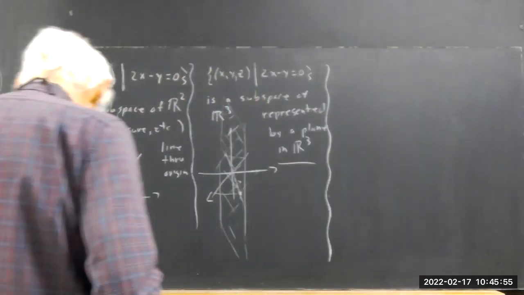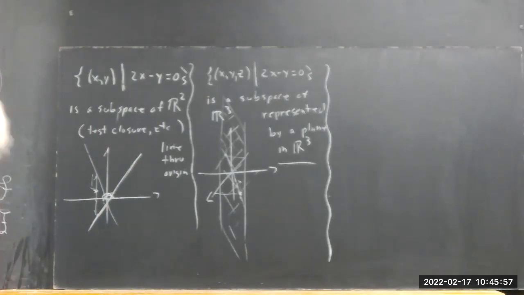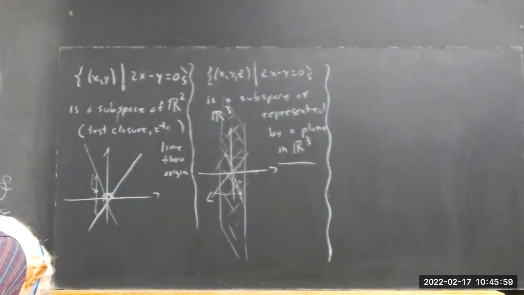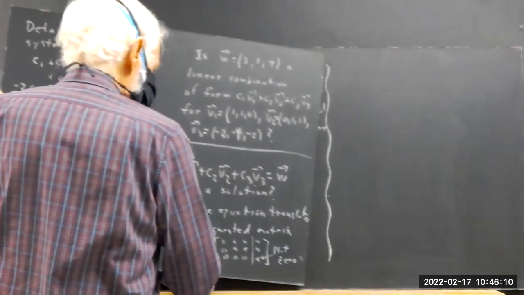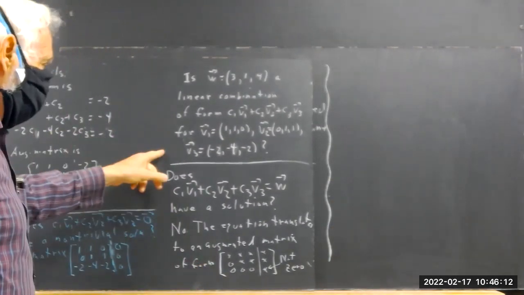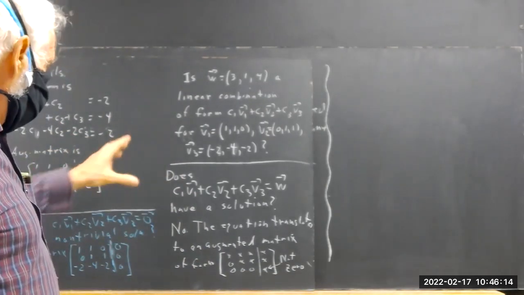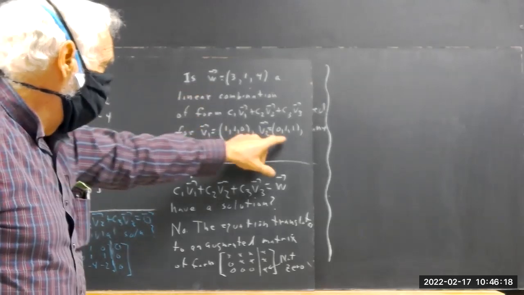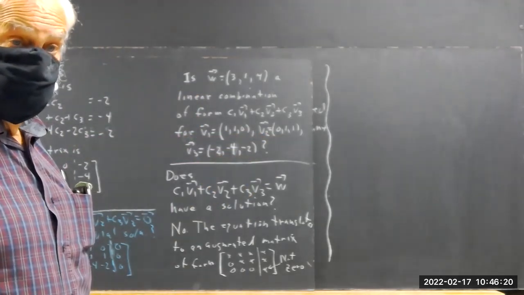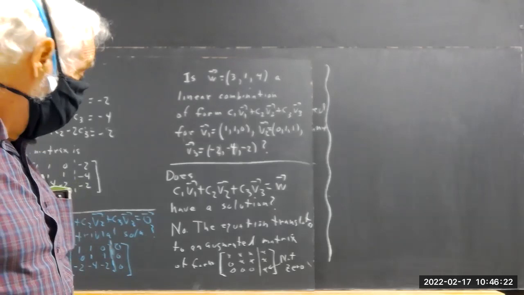If we go back to the problem we started with, this problem, we found that there's a vector that is not a linear combination of these three.